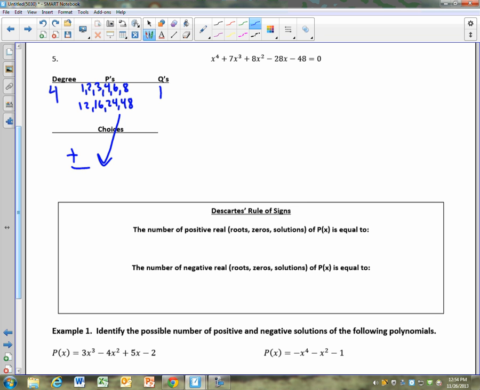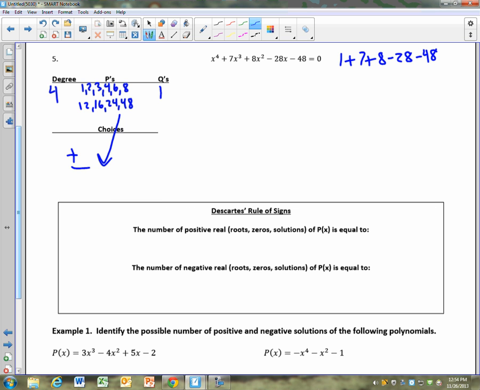So, all right. So what do you want to plug in? Plug in, oh, you want to try 2? You want to jump right past 1 and go to 2. Somebody wanted to jump past 1 and 2 and go right to 3. I think we should just try 1. 1 plus 7 plus 8 minus 28 minus 48.